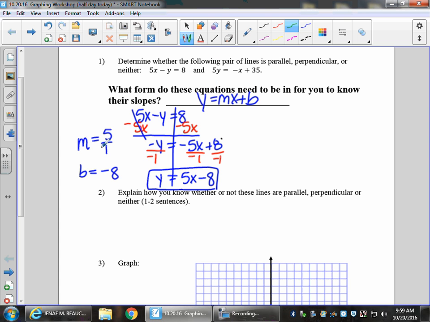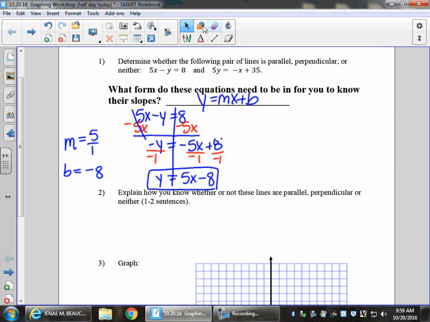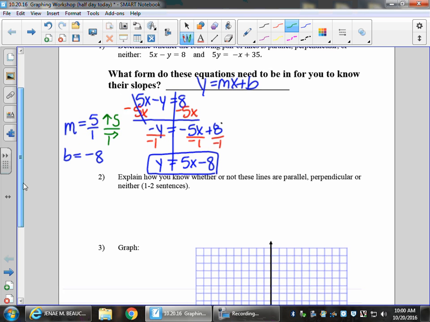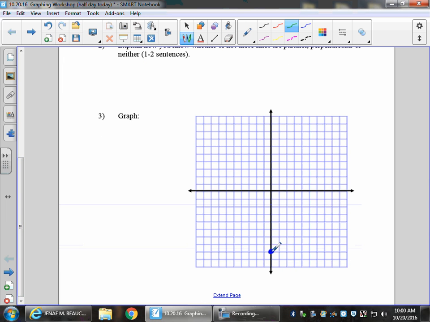So if it helps, some of you are doing a really nice job with arrows. So if I wanted to put arrows next to this, what does that mean? Which way? Up 5, right 1. So from my intercept at negative 8, I am going to go up 1, 2, 3, 4, 5, right 1.